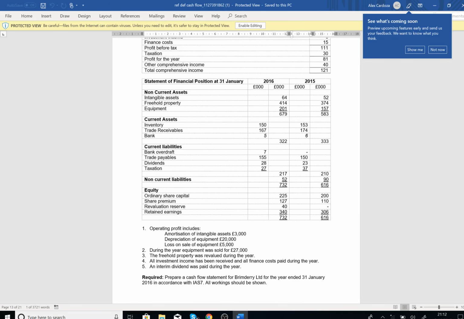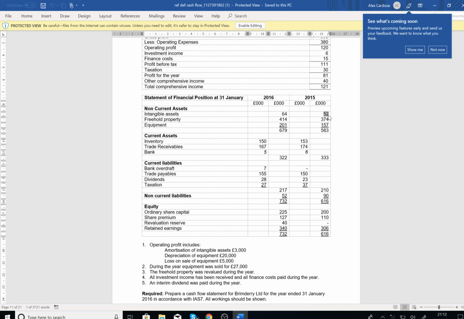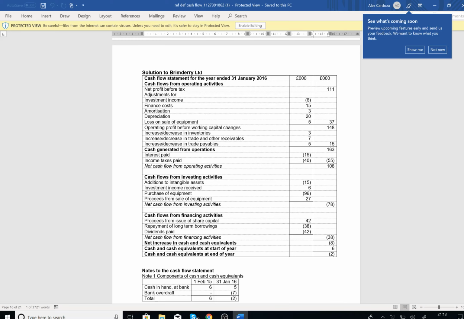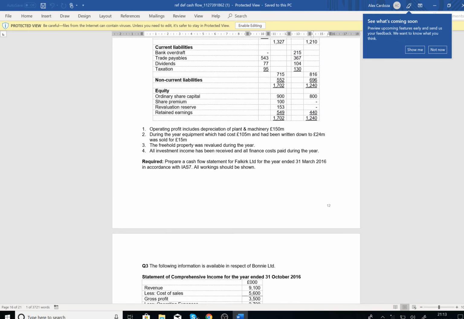So you would do 52 plus 3 minus 64, which is 9. Okay, so I believe we should get 9 here. If we don't, then additions to intangible assets, which is minus 15. So I might have used the wrong one.